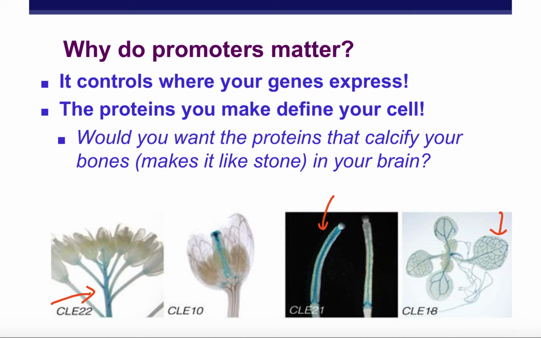And by doing this, you can then hack the plant by maybe forcing a gene that helps produce more sugar in the plant to be produced inside the fruit only. So that's one way you might be able to use these promoters to genetically manipulate stuff, for instance.